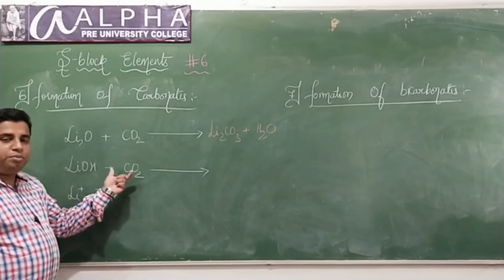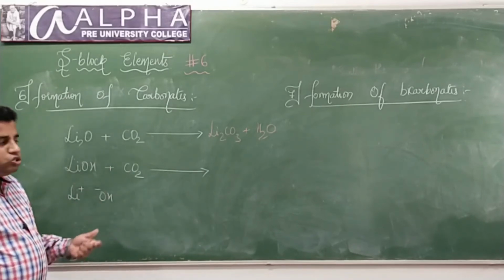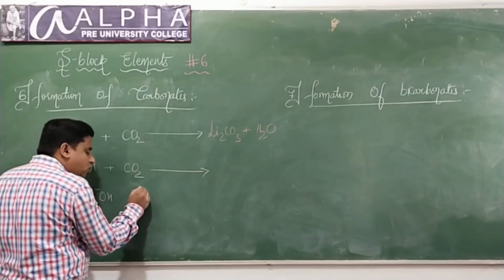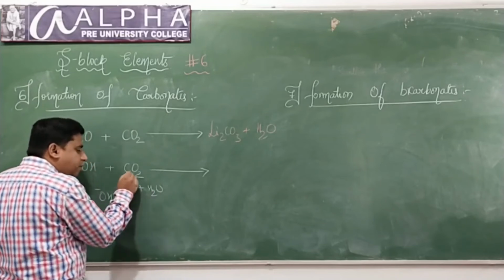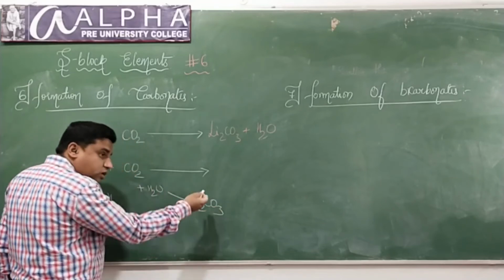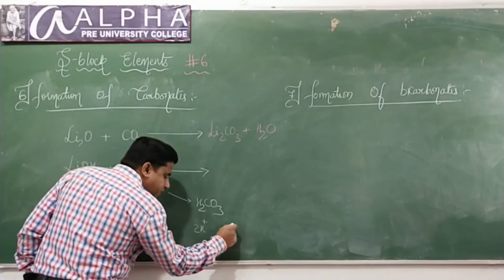But again, carbon dioxide is a covalent compound. It does not have ions. So if you have a covalent compound, dissolve it in water. When carbon dioxide is dissolved in water, it forms carbonic acid. Now in carbonic acid, which are the ions? H plus ions and carbonate ions, isn't it?